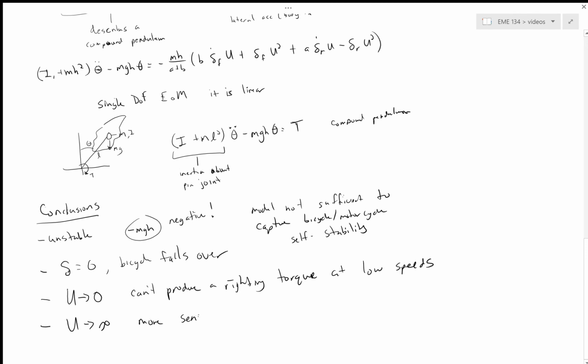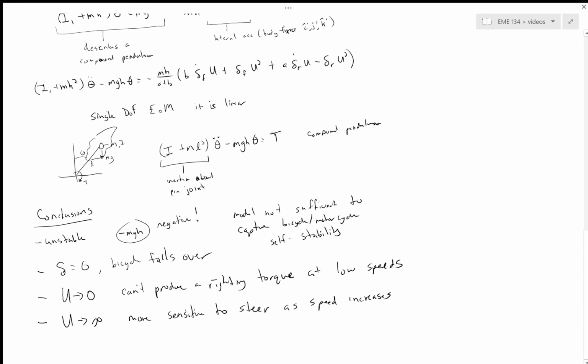You can generate large torques with little steer as speed increases. Okay, so that's the equation of motion, and a little bit of thinking about it. And we're going to take that now in the next video, turn it into some transfer functions, and think about control aspects.